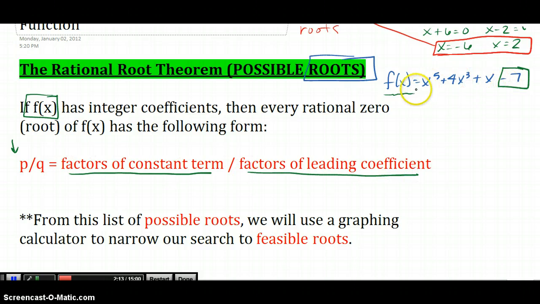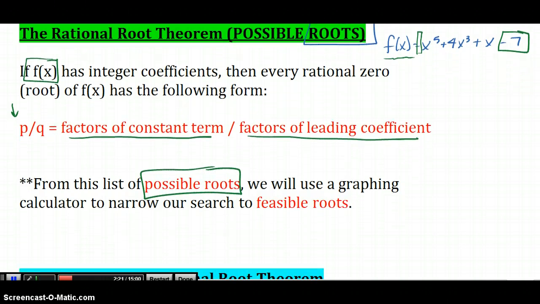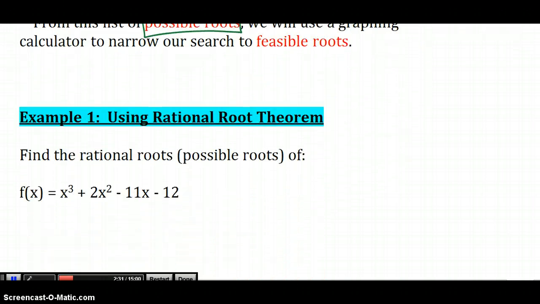This is going to give us a list of the possible zeros, not all of them, just the possible ones. And we're going to use a graphing calculator to narrow down our search for all the feasible roots, because this isn't all the roots, it's just all the possible ones. So there could be a lot.